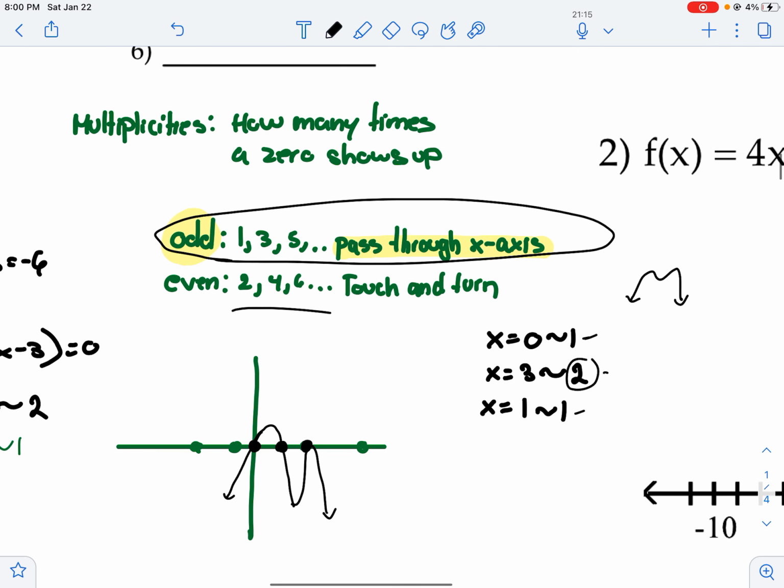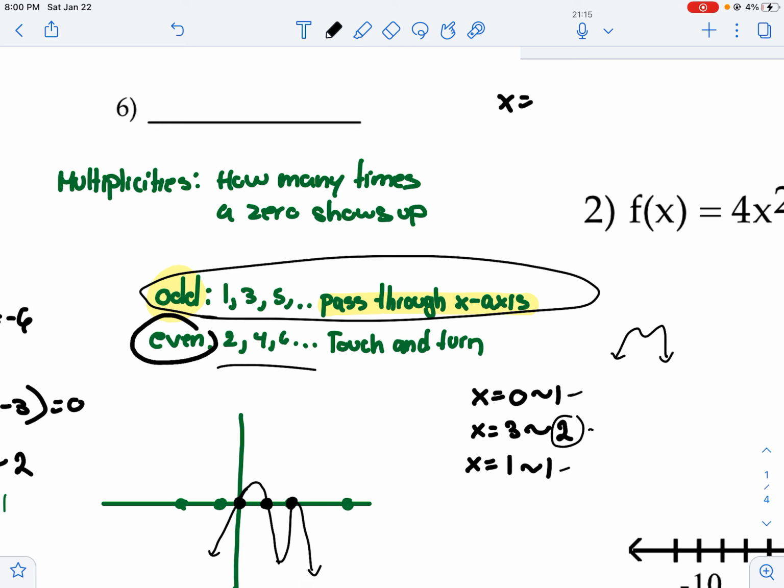Now, when it's an even number of multiplicities, 2, 4, 6, if it was x is equal to 0 and 0 shows up 2 times, if it was x is equal to 1 and 1 showed up 2 times, that means it would be x minus 1 times x minus 1. If it was x is equal to 3 with a multiplicity of 4, there just so happen to be 4 3s, then when you're graphing, your line would touch and turn.